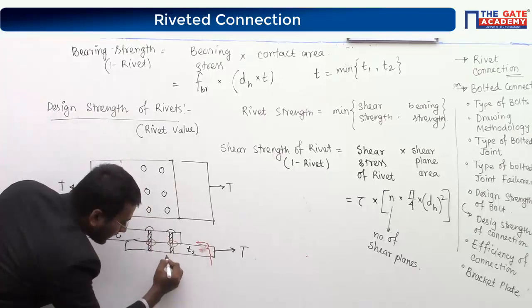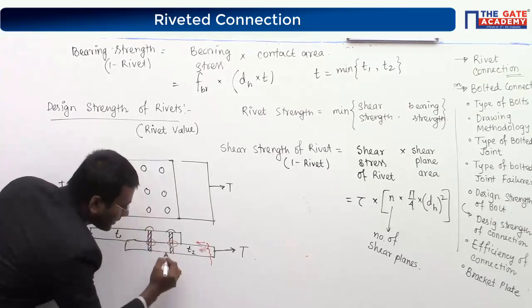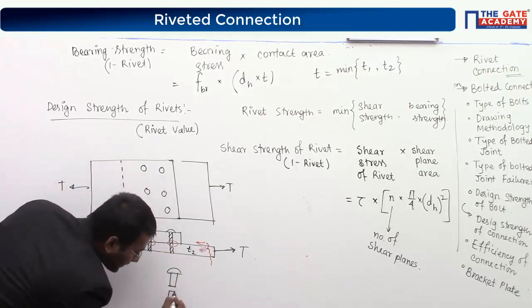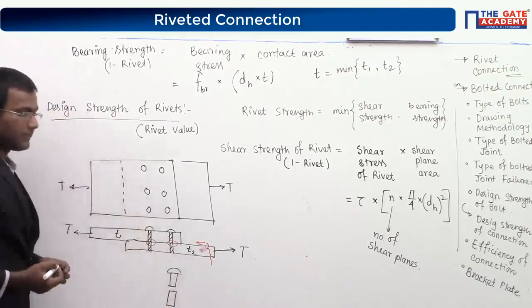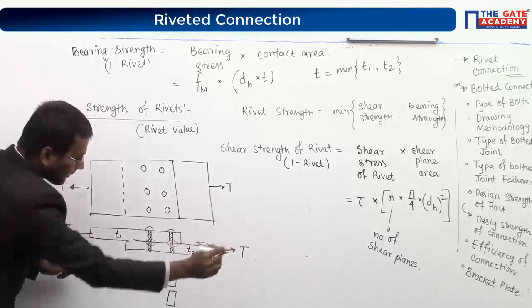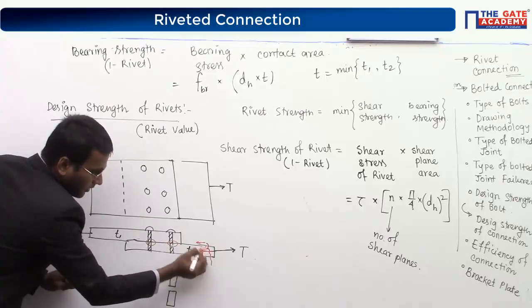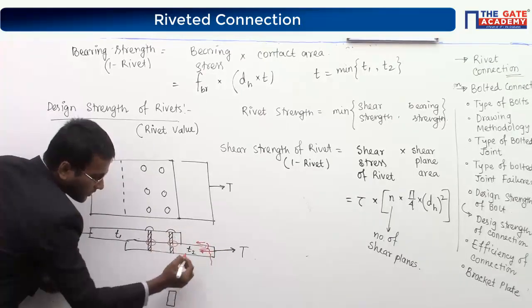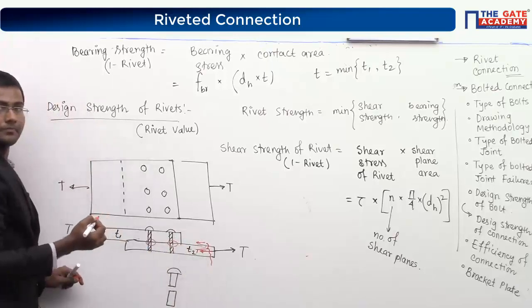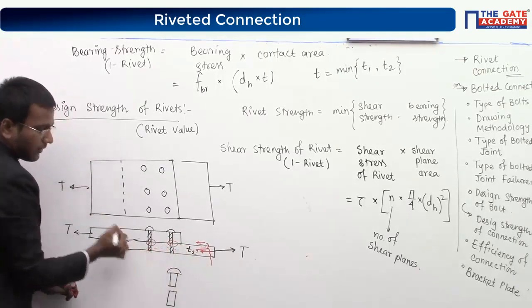If I say this portion properly, this is one part here, this is another part here. Now see, if we apply some pull this side, there is an opposite direction reaction force, so this should be T also, right? The line of action will be actually here only.